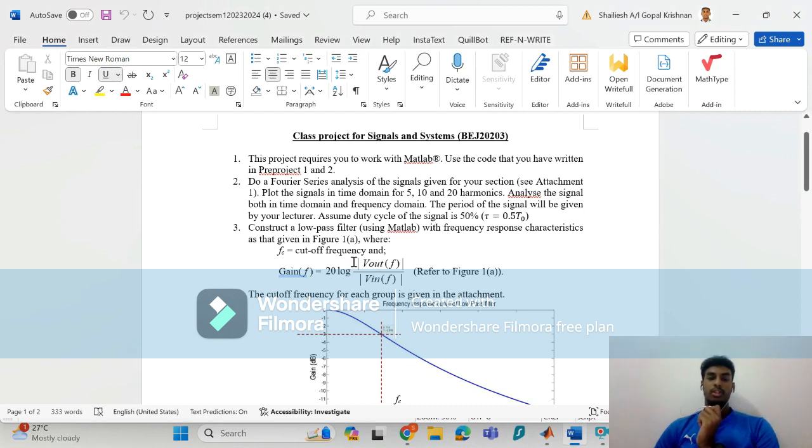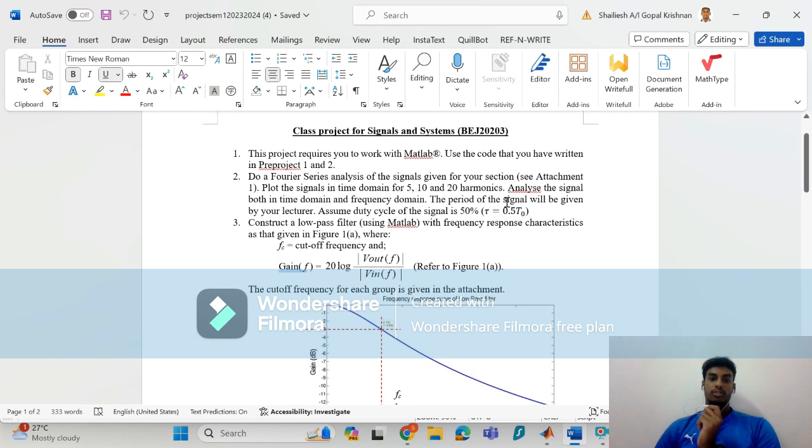Based on question number 2, we have to do a Fourier series analysis of the given signal in the time domain using 5, 10 and 20 harmonics, with a tau value of 0.5. For our section, the given values are 100 kilohertz and 600.